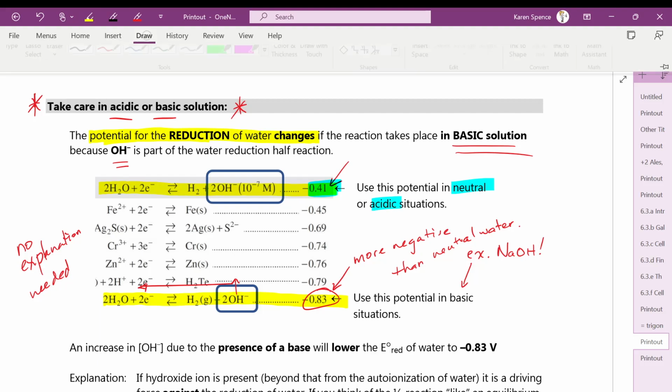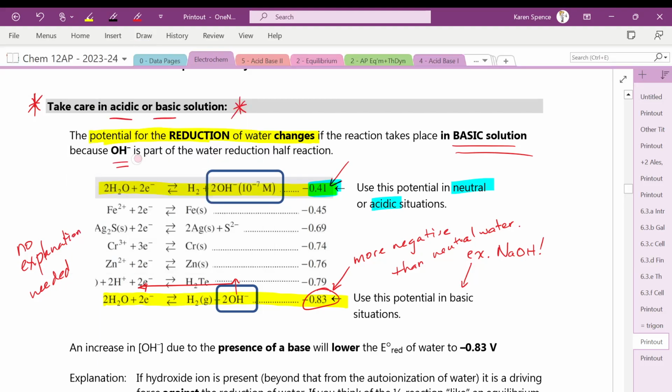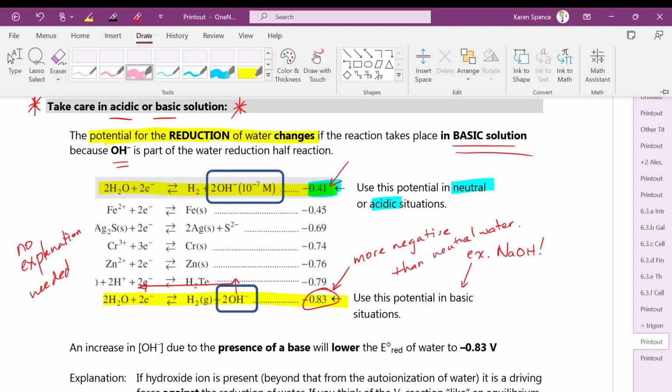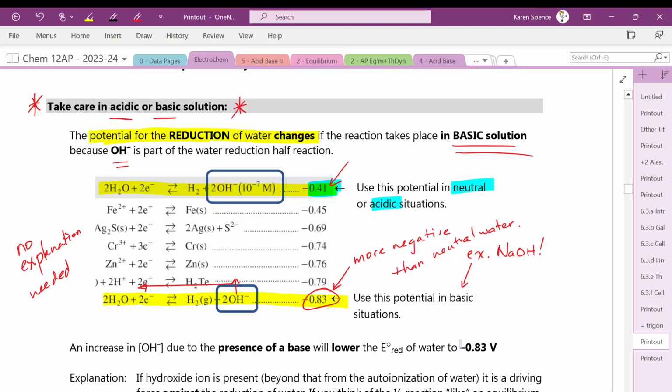If it is basic, you're going to use that one. And that's all you really need to know about it.